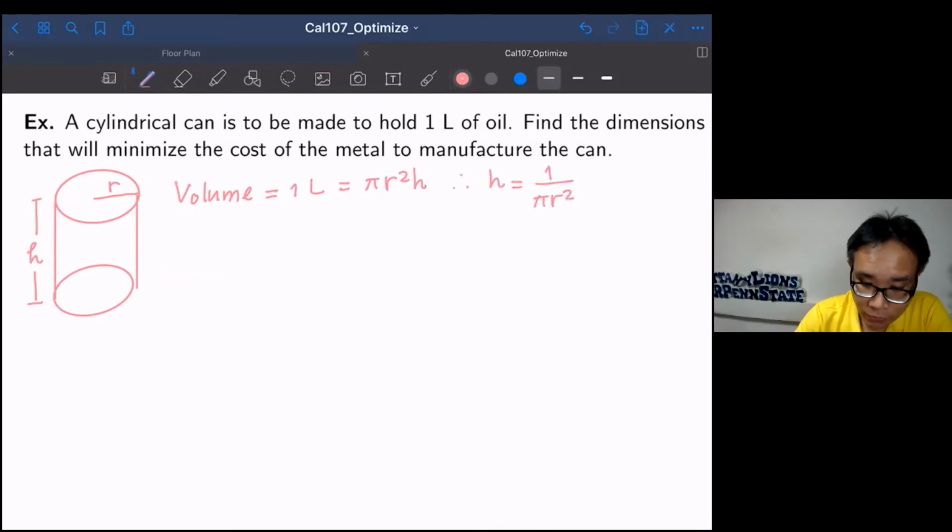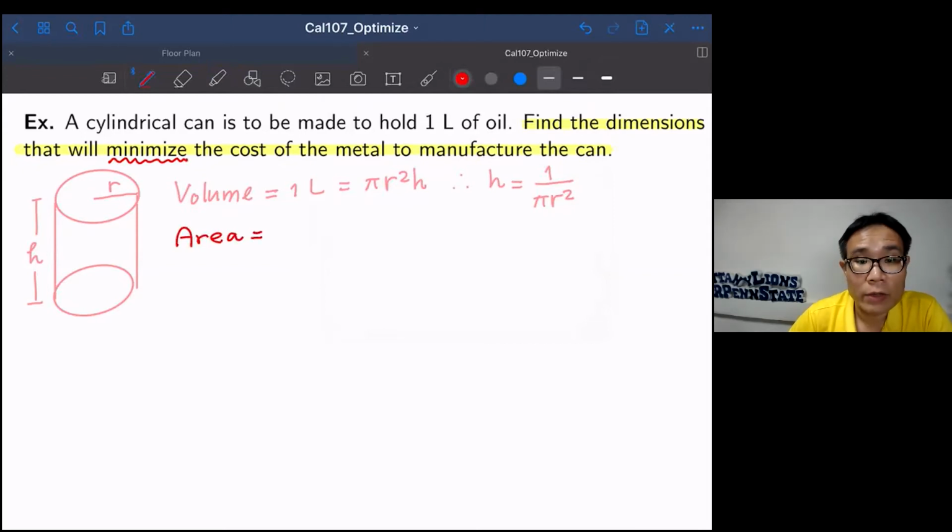And you'd like to find the dimension again. You'd like to find the dimension that will minimize the cost of the material of the can. The thing I would want to emphasize is that you need to minimize the metal. So you're going to have to compute the area.